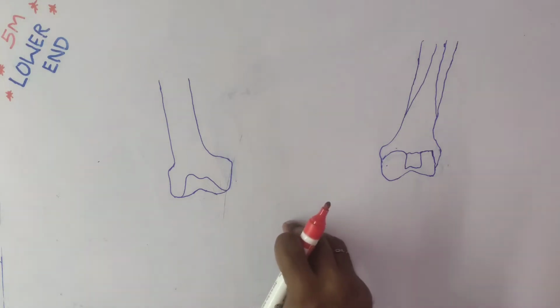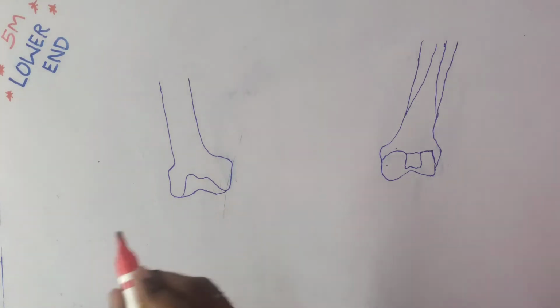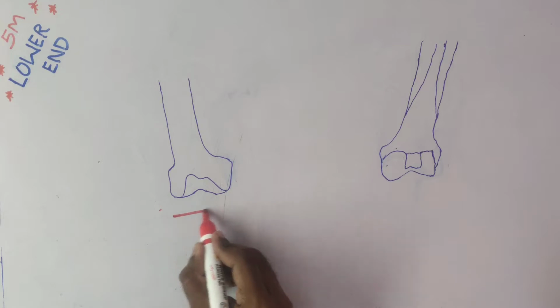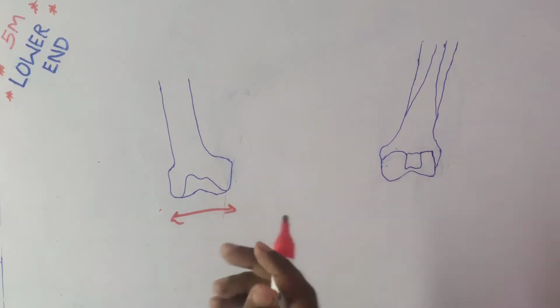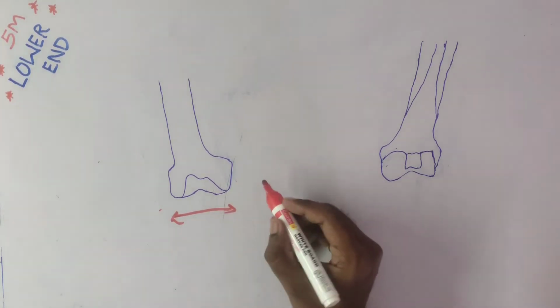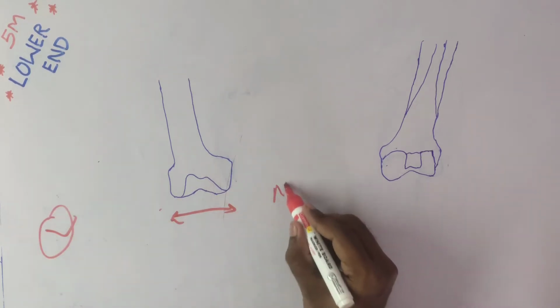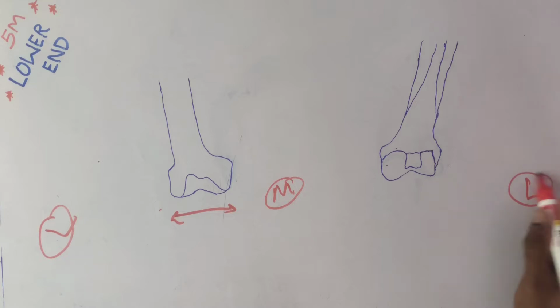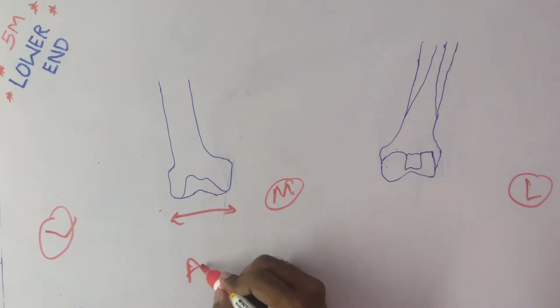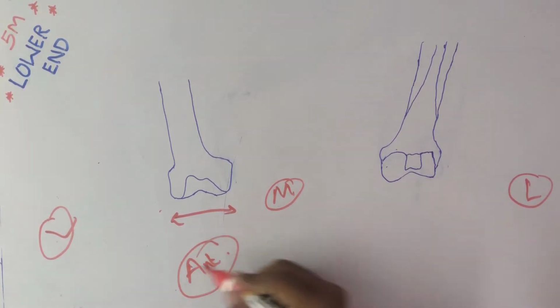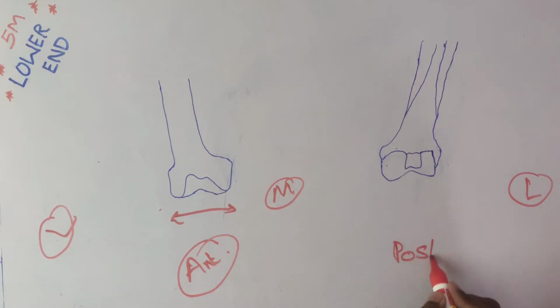Now coming to the main features of the lower end. The lower end is the wider part with two condyles, the medial condyle and the lateral condyle. This is the lateral side, this is the medial side. This is the anterior view, and this is the posterior view.